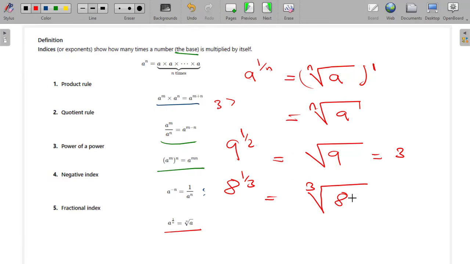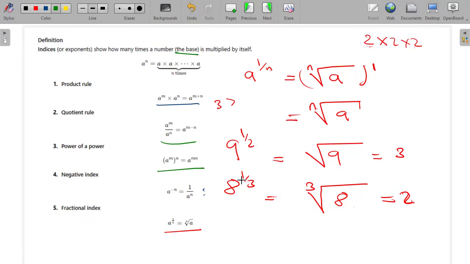Now, this number is just telling you what number you can multiply 3 times to get 8. That is 2 by 2 by 2. Multiplying this 3 times gives me 8. So the cube root of 8 is just 2, like that. So that's what this means. Then it continues going just like that as you increase the numbers.